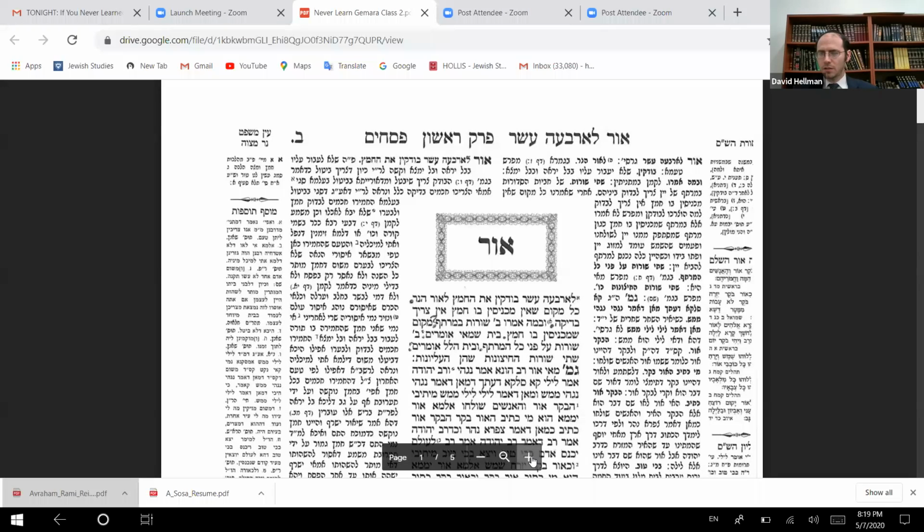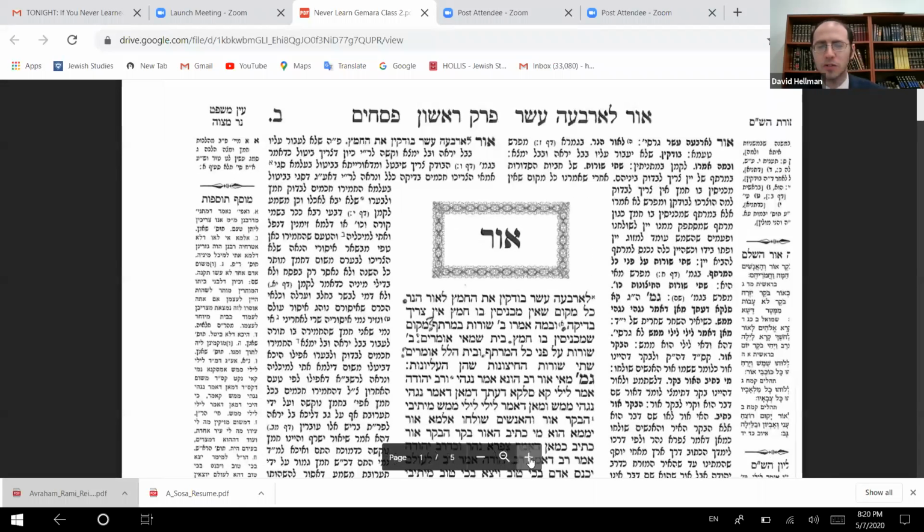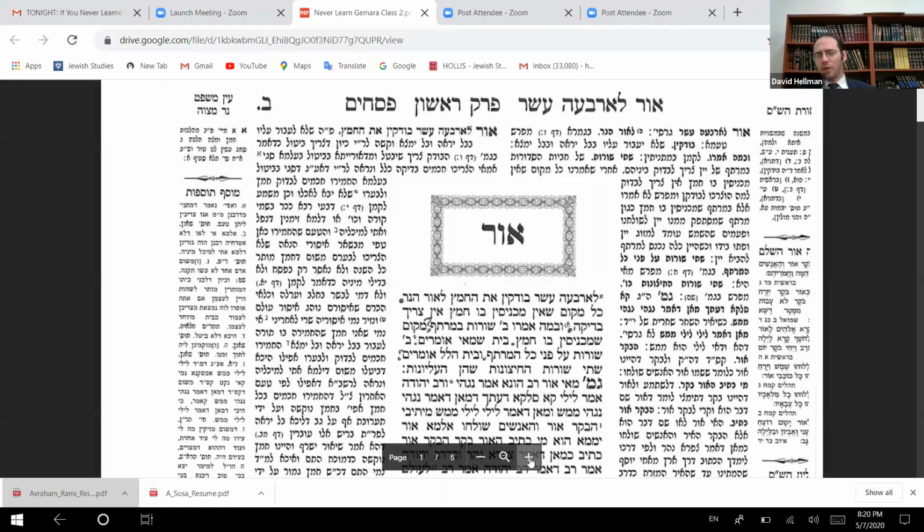We have the opening page, Daf Beis Amud Aleph of Maseches Pesachim, which we already saw briefly last time. If I zoom in a little bit more, you'll see some periods, question marks, and colons that I put in, which don't appear in a normal Gemara. A Gemara is in Aramaic, which is related to Hebrew but not Hebrew. There are no nekudot, vowels, in a traditional Gemara, and there's also no punctuation.